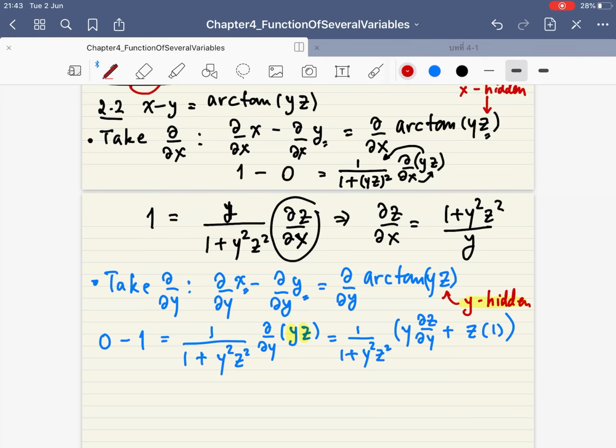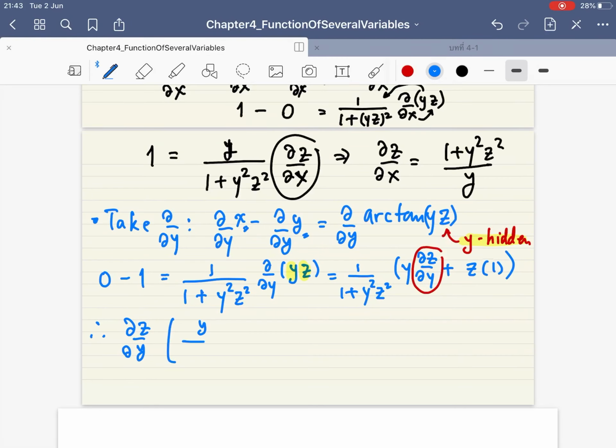Okay, so if you need to solve for dz by dy, then your dz by dy together with y over 1 plus y squared z squared, z equals to, and don't forget that you still need to distribute. So you have negative 1 minus negative z over 1 plus y squared z squared. So if you need this one alone, you just go ahead and do the cross multiply, right?